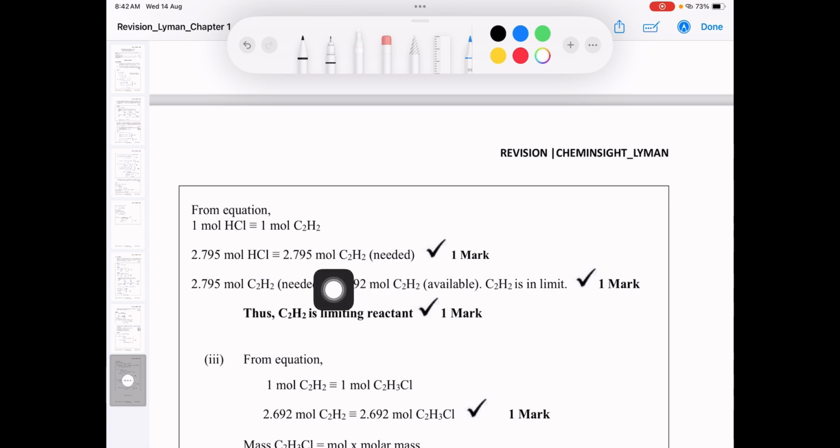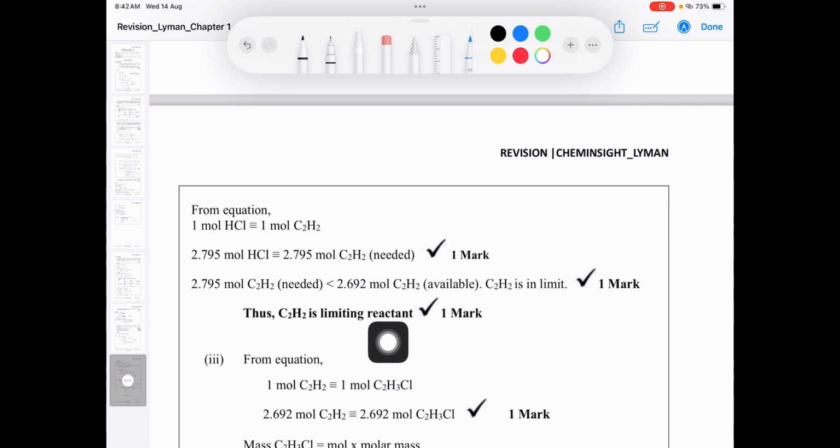Okay, so we compare the number of moles of C2H2 needed and the number of moles of C2H2 available. The 2.795 mole C2H2 needed is larger than the 2.692 mole of C2H2 available, so C2H2 is the limiting reactant.